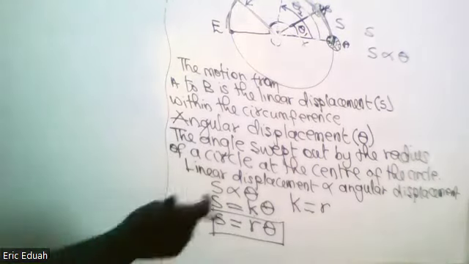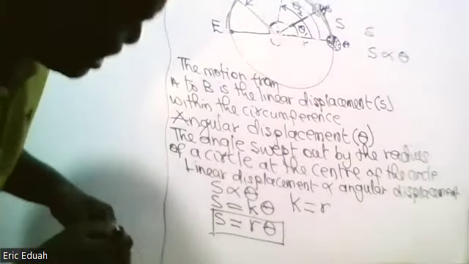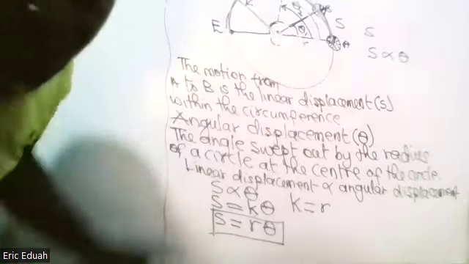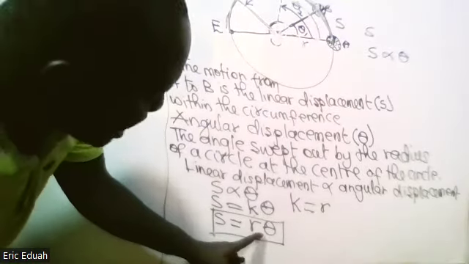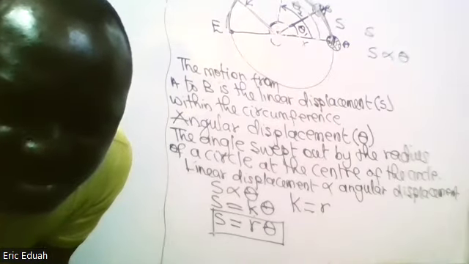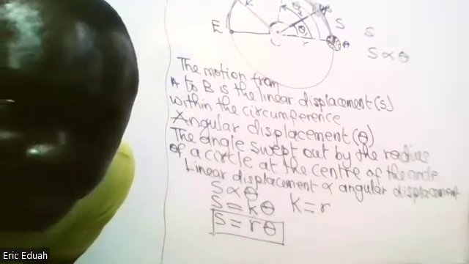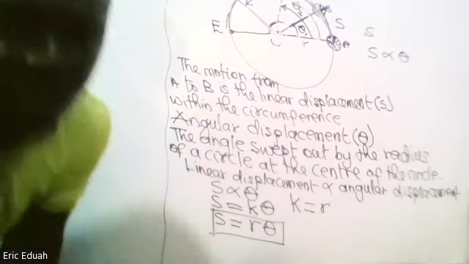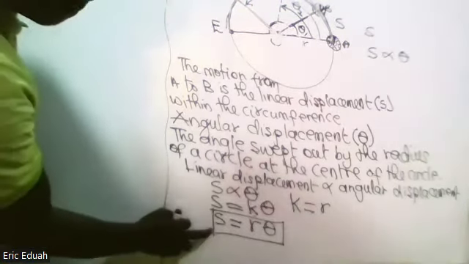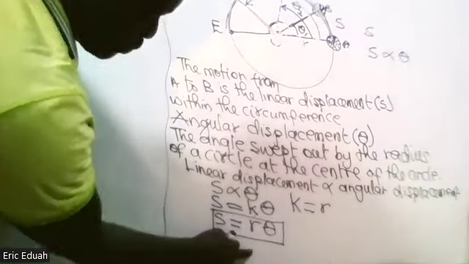Ladies and gentlemen, this is the relation connecting linear displacement within the circumference and angular displacement at the center of the circle. Please, are we okay? Yes, please. So a relationship connecting linear displacement and angular displacement.